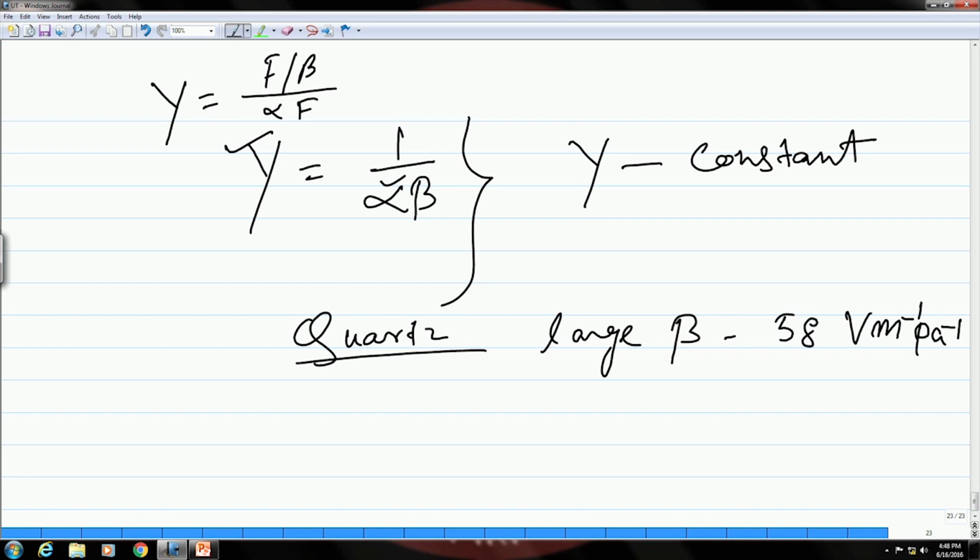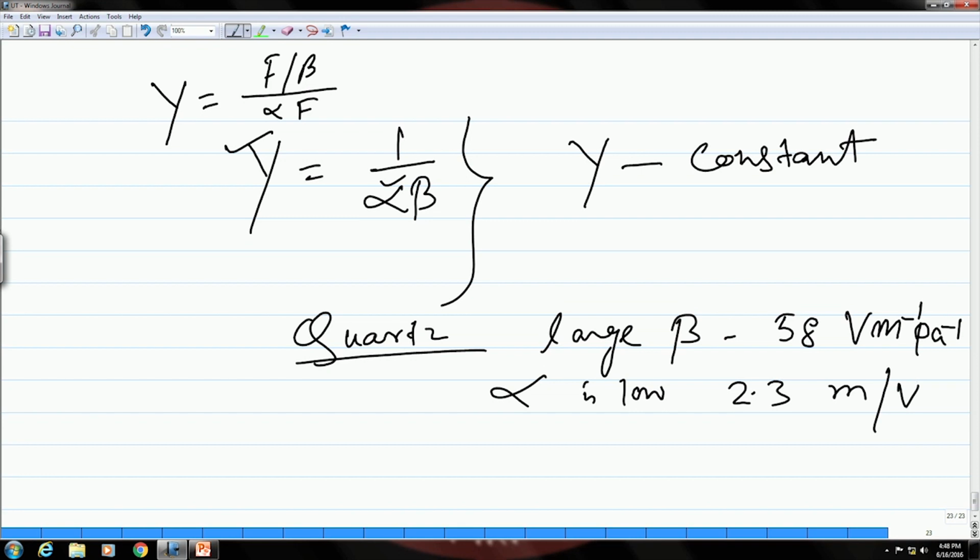Okay. But alpha for quartz is low, which is around 2.3 meter per volt. Okay.